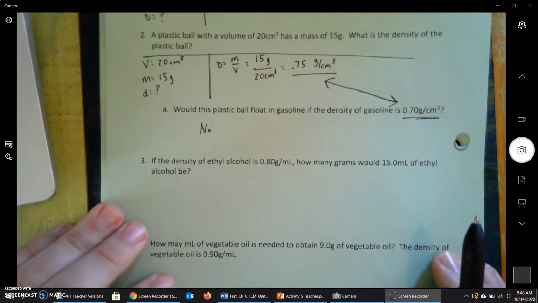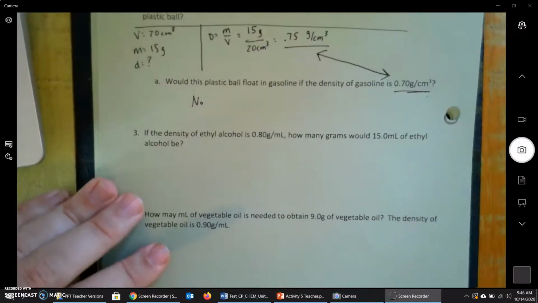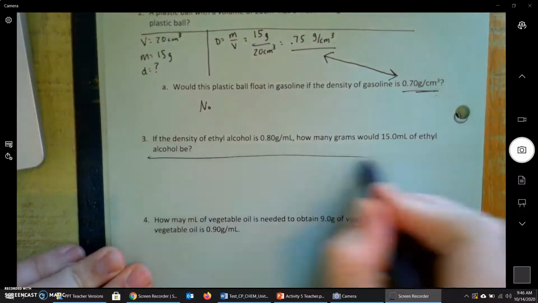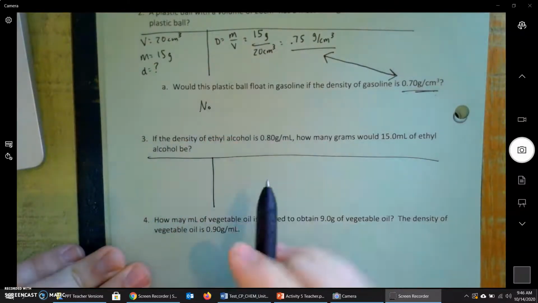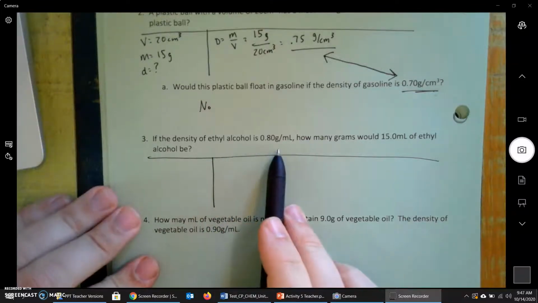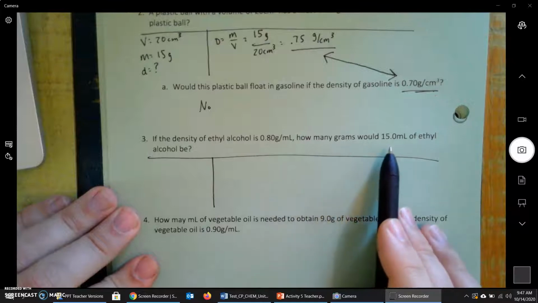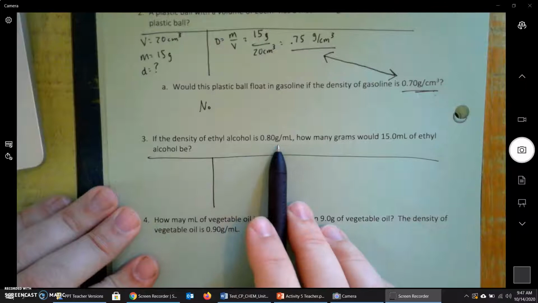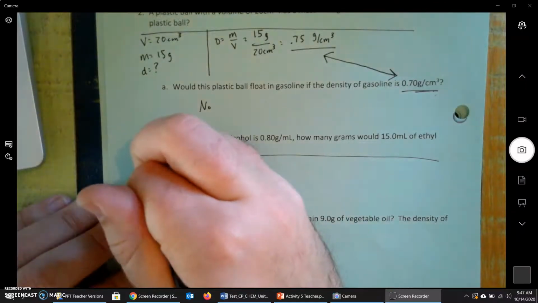All right, let's move it up. We're going to make it a little bit more difficult. So start with our T-chart like always. If the density of ethyl alcohol is 0.80 grams per milliliter, how many grams would 15.0 milliliters of ethyl alcohol be? All right, so it gave us our density.